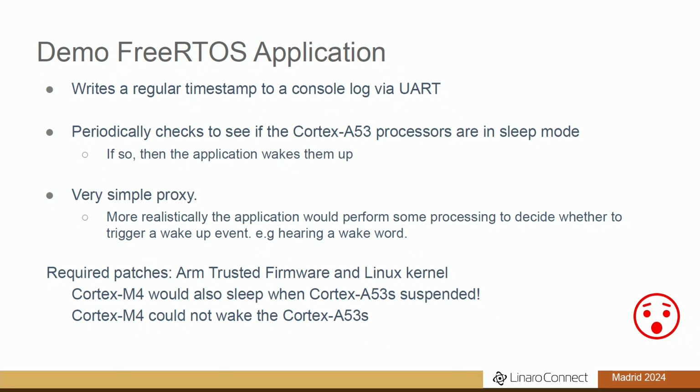If they're asleep, it wakes them up. So it's a very simple proxy for something where you could put the A side to sleep, lower your power consumption, and have the M4 do some more realistic processing. It might be doing some voice recognition, hearing a wake word, determining there's something happening, so it would wake up the A side, and they would do something.